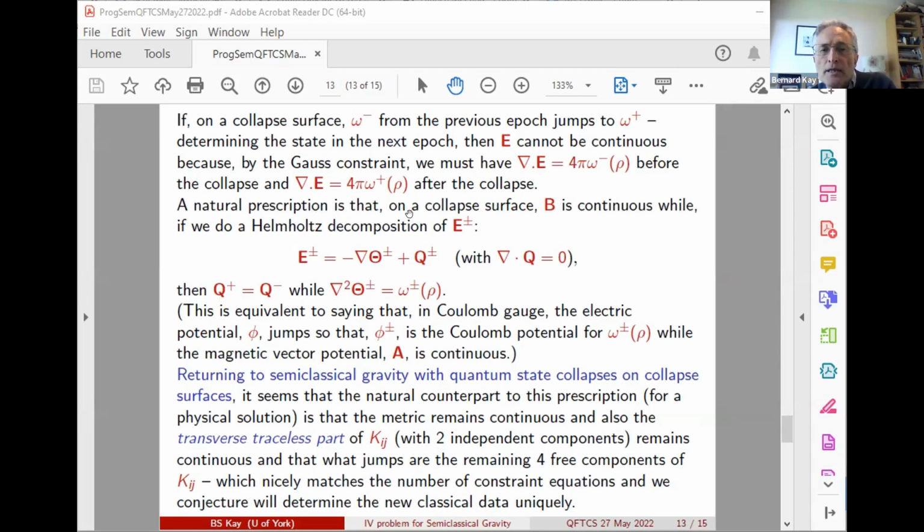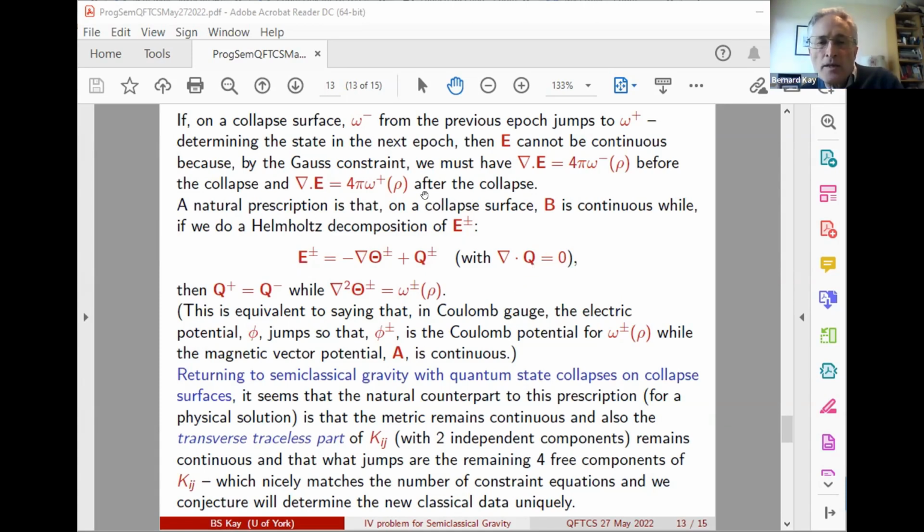a natural prescription is that on a collapsed surface, the magnetic field is continuous, while if we do a Helmholtz decomposition of the electric field before and after the collapse, so I write E plus or minus is minus grad of some scalar plus some vector, which I happen to call q, but it's nothing to do with charge, sorry, which has 0 divergence.